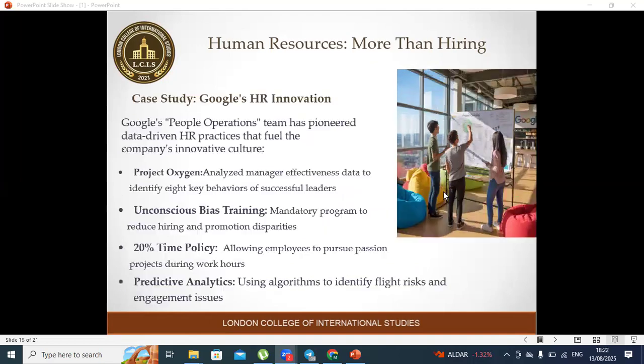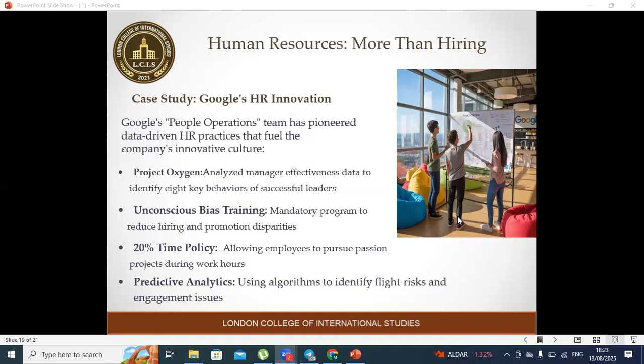Case study: Google's HR innovation. Google's people operations team has pioneered data-driven HR practices that fuel the company's innovative culture. Project Oxygen analyzed manager effectiveness data to identify 8 key behaviors of successful leaders.